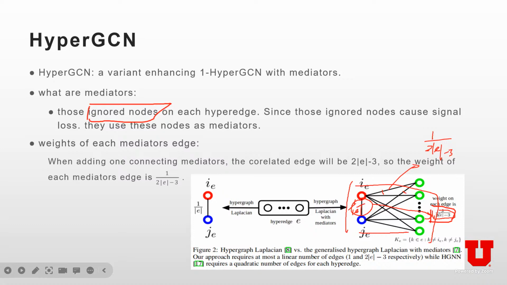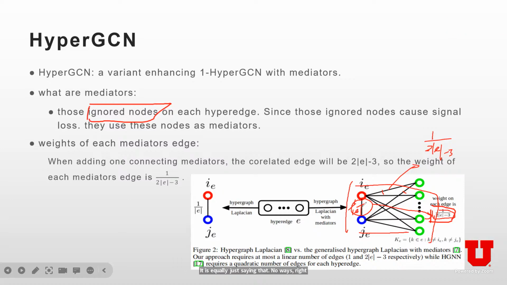And here it is 2 times 2 minus 3, so it's 1 over 4, or 1 over 3 with 2 times 3 minus 3. Yeah, it's 1 over 3. It should be on each edge's weight. But if every edge has the same weight, it is equal to saying that there are no weights, right?